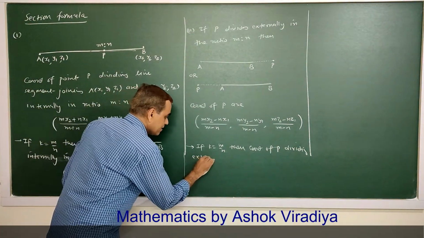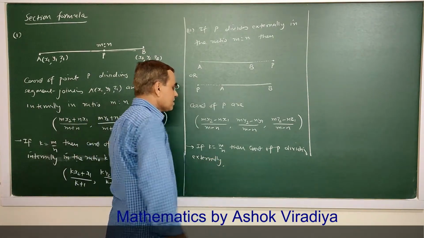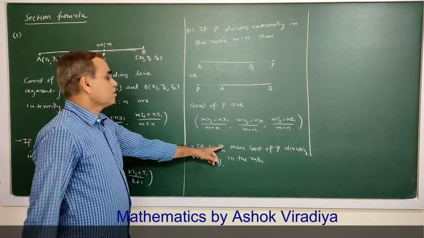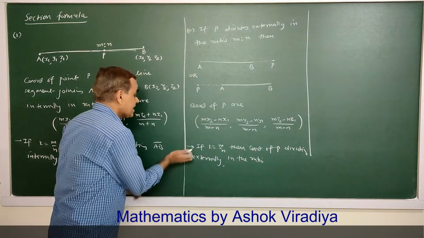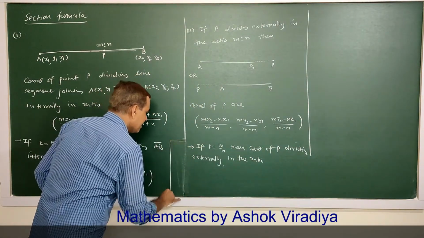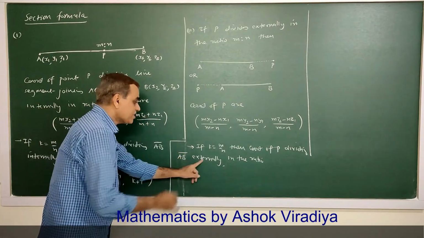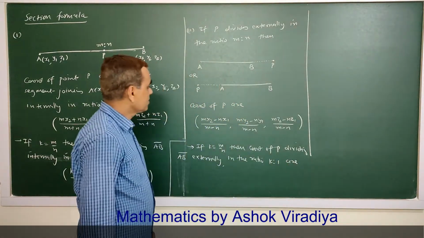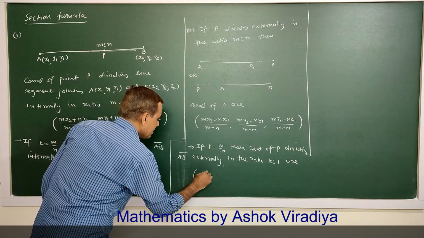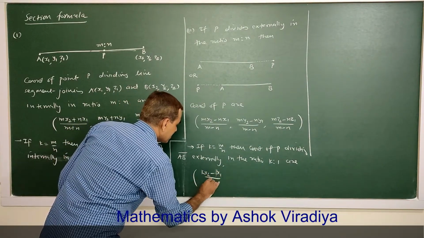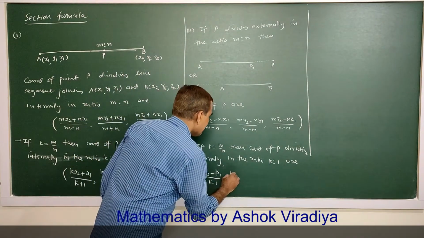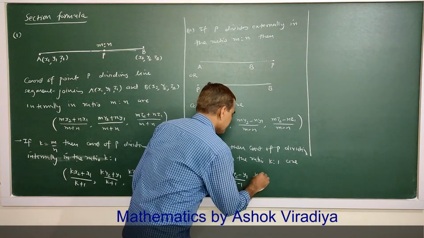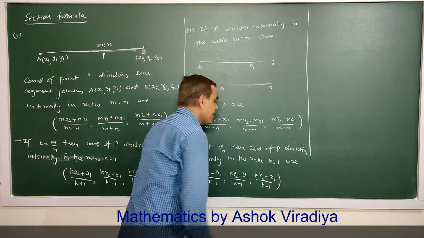Here externally in the ratio k is to 1, coordinates of P dividing line segment AB externally are, from this formula, kx2 minus x1 upon k minus 1, ky2 minus y1 upon k minus 1, kz2 minus z1 upon k minus 1.